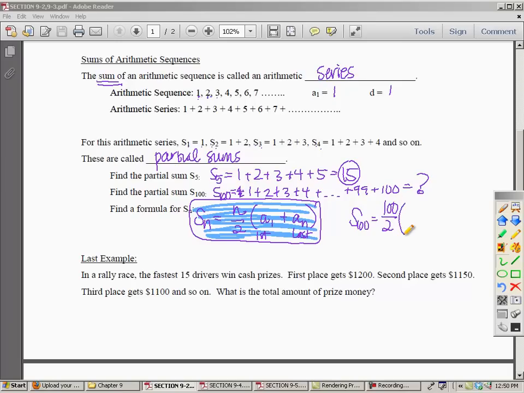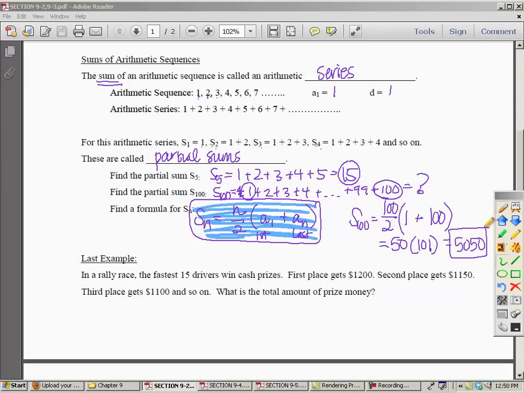My first term is 1. My last term in this case is 100. Now, normally it's not this easy, but we'll show you how to work it if it's not. So 50 is what it's saying. 50 times 101, you end up getting a sum of 5,050.